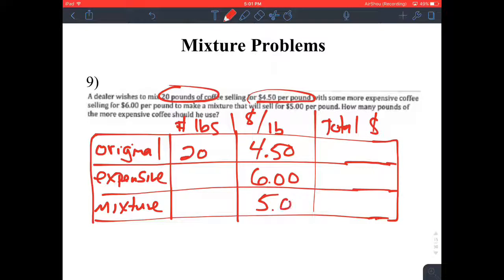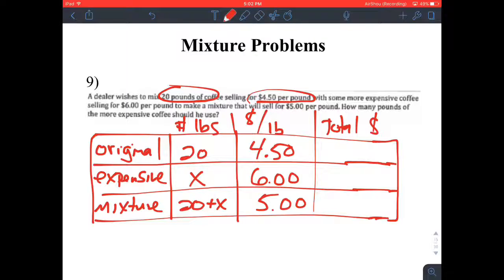So the mixture is going to be $5. So then the question is, how many pounds of the more expensive coffee should he use? We don't know that. We're going to use a variable. So if you look at this column here, we got 20 pounds. We're going to add to that a mixture that is X pounds. Well, that means that the mixture is going to be those added together, 20 plus X.